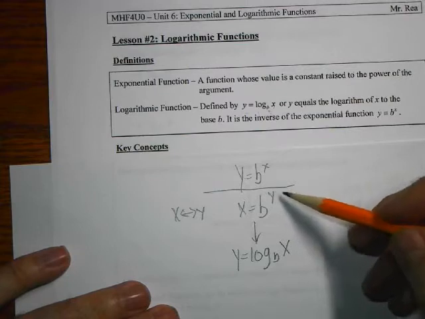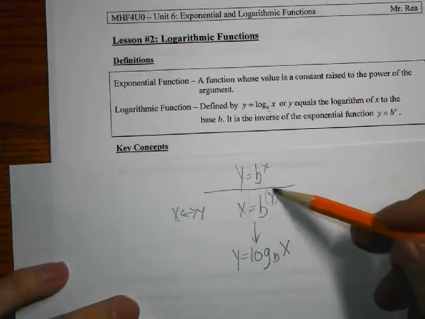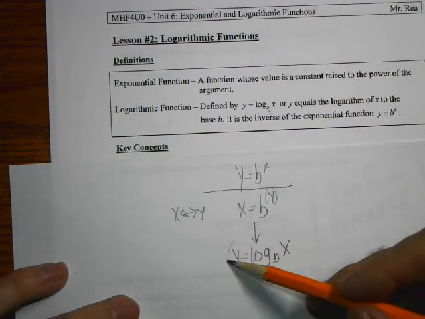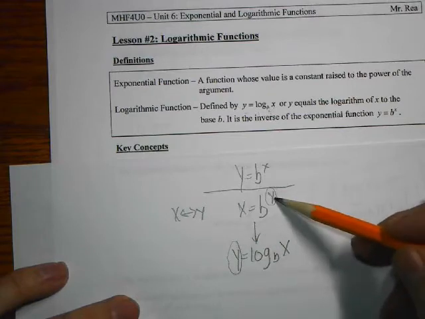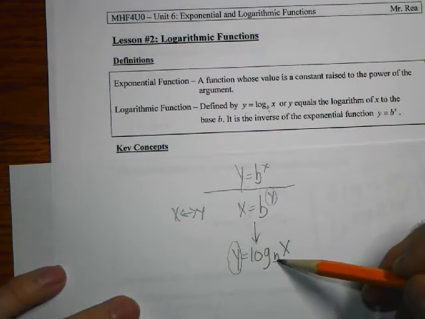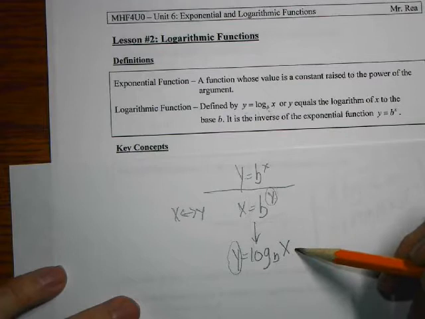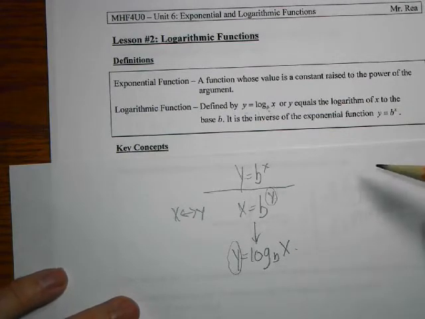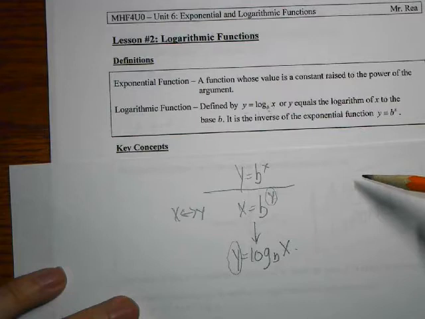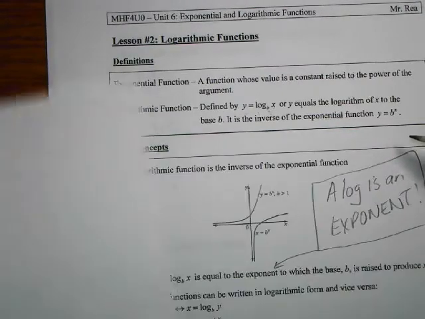What we're trying to solve here is: what is the exponent that we apply to this base that gives us this number? It's really important to understand that whenever you're getting a log of something, you're actually finding the exponent that you would raise a particular base to that gives you that number.